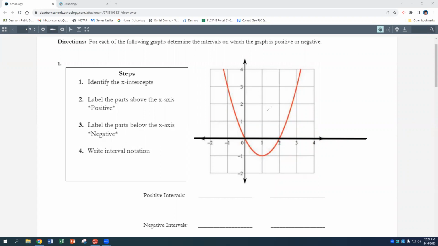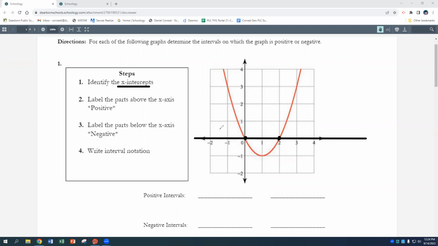The important part we want to start with is our x-intercepts, right? Because the x-intercepts are the points where we cross the x-axis, where the y value is 0. So I'm going to highlight my two x-intercepts here.